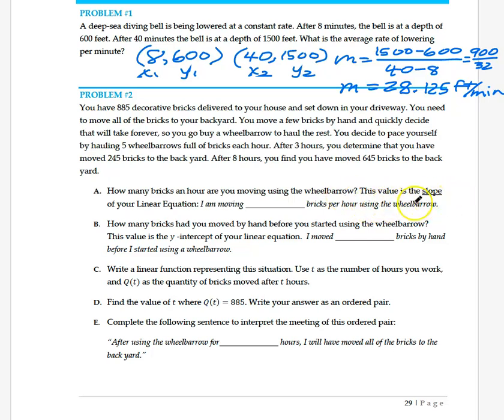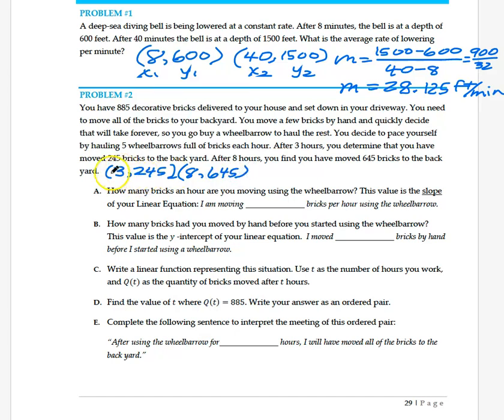So to do this, it's saying we need to find the slope of this. So let's first again make some ordered pairs here. We know after 3 hours we have moved 245 bricks. And then after 8 hours, we've moved 645 bricks.